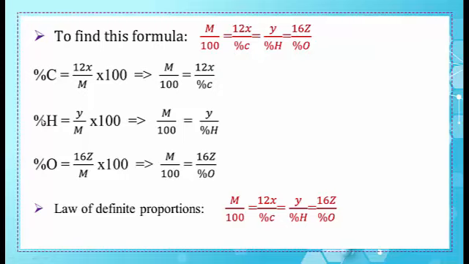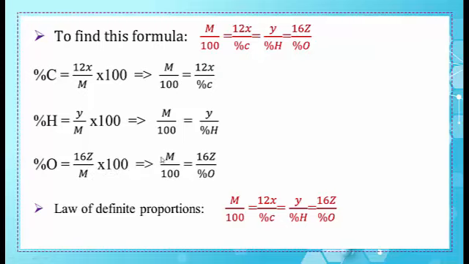We also know that the percentage by mass of hydrogen is equal to the molar mass of hydrogen, which is 1, multiplied by the subscript of hydrogen, which is y, over the molar mass of the compound times 100. Then the molar mass of the compound over 100 is equal to y over the percentage of hydrogen. Also, the percentage by mass of oxygen is 16, molar mass of oxygen, times z over the molar mass of the compound times 100.